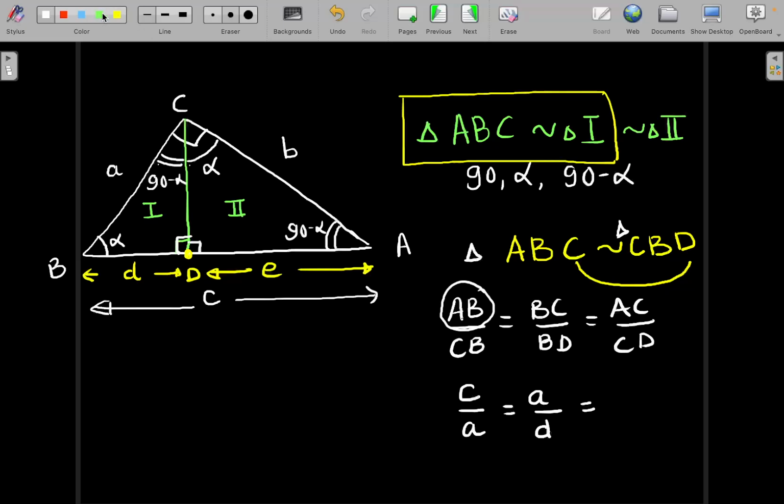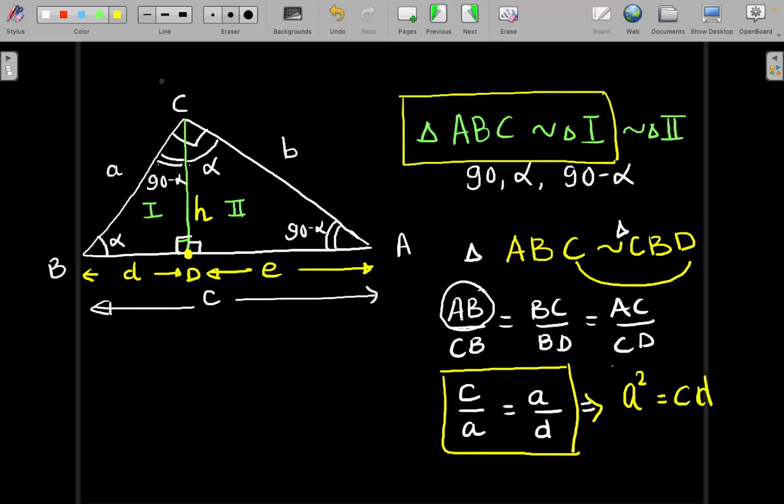In case you want to write it down, you could, but for that you have to label CD as H, and like I said, let me just focus on this result. Now, this is a wonderful result. This implies that A square is equal to CD.